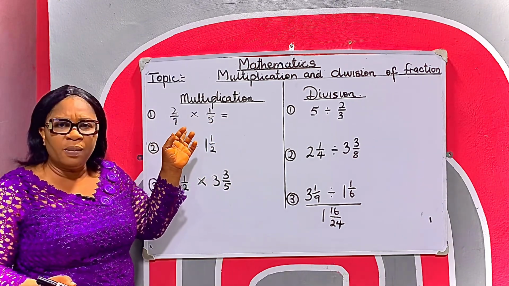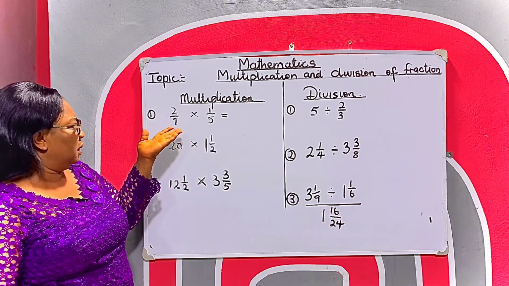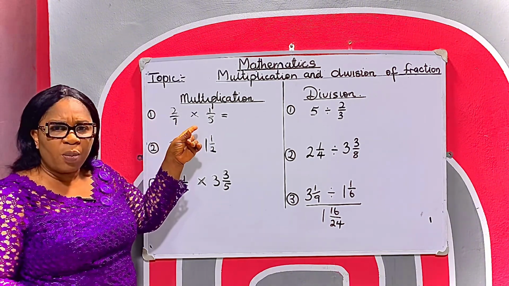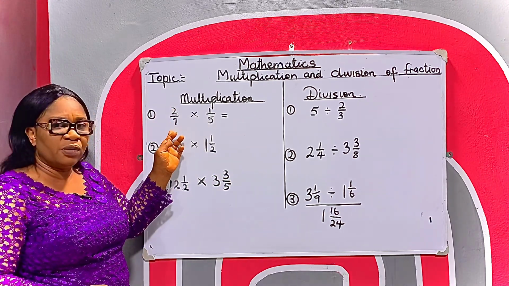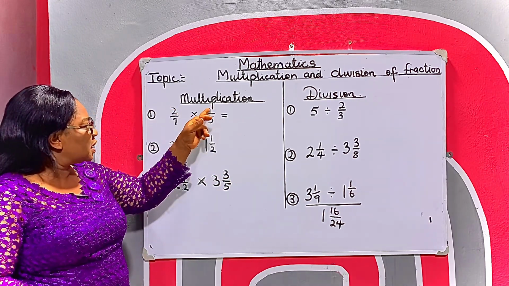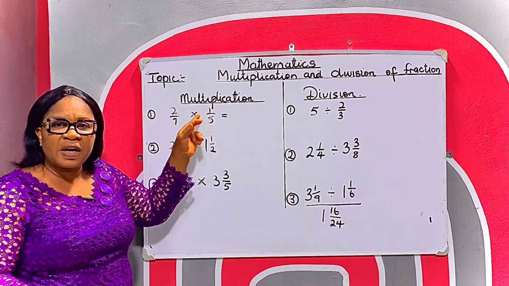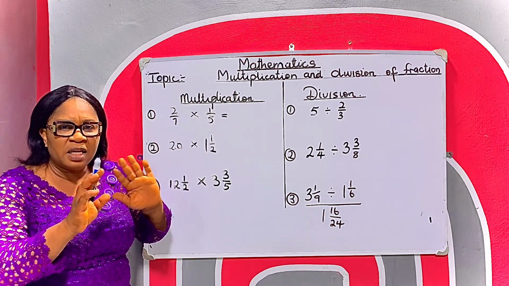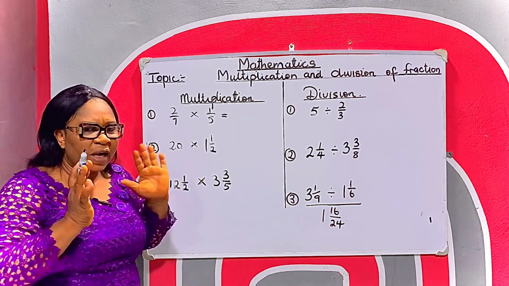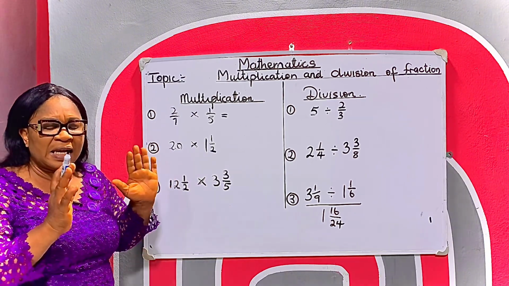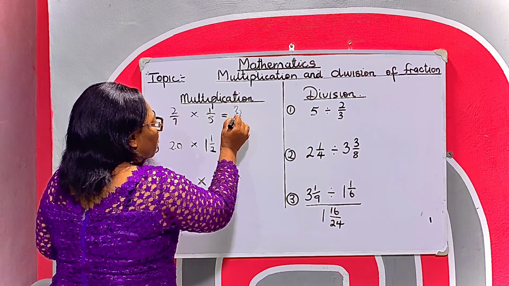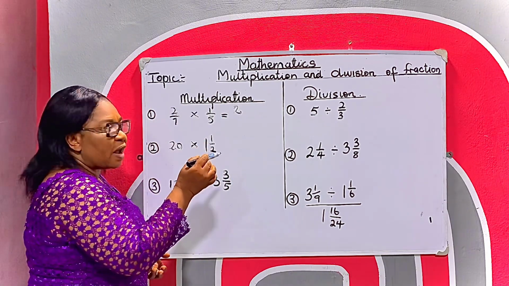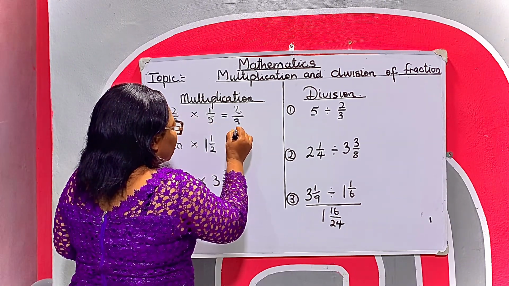So when I look at this sum, nothing can divide up or divide down. 2 cannot divide anything down. 5 cannot divide anything up. 7 cannot divide anything up. So I leave it. If nothing can divide, you multiply out. 2 times 1 give us 2. 7 times 5 give us 35.